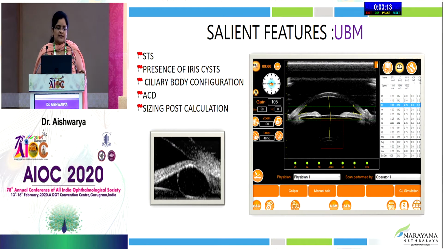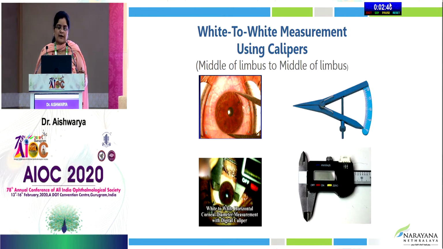The UBM helps us to understand the sulcus to sulcus diameter, the presence of iris cysts, the ciliary body configuration, anterior chamber depth, and this quantal UBM also helps us to understand whether we can put a particular sized ICL in the sulcus or not, according to whatever calculation has been given by the company on paper.